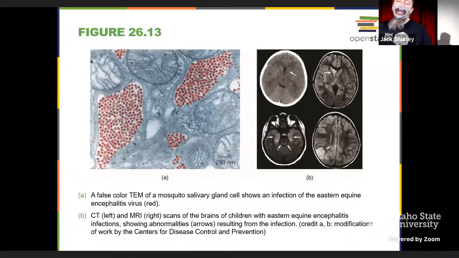And for us, whether it be Idaho or just the United States in general, that type of infection is relatively new, or an emerging type of pathogen. But it's not something that's new on the planet.